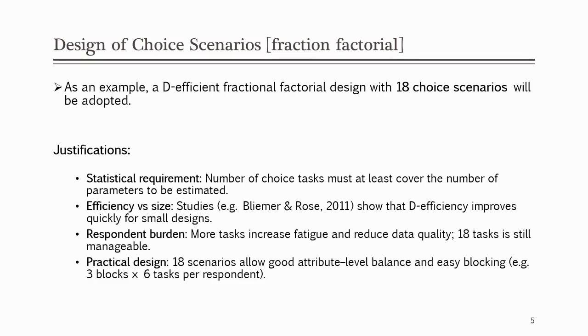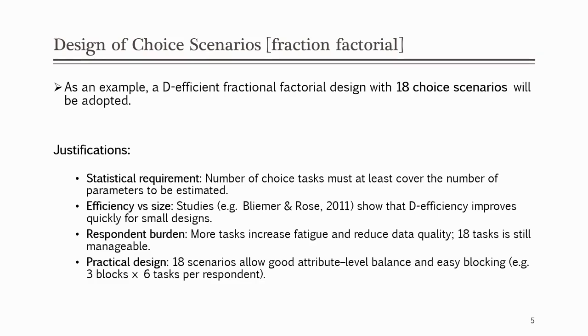In my study, I chose 18 choice scenarios. Why did I choose this? Because of a statistical requirement. For example, with 18 choice scenarios, we can have 6 tasks, and each task has 3 alternatives, which brings the total number of choice scenarios to 18.